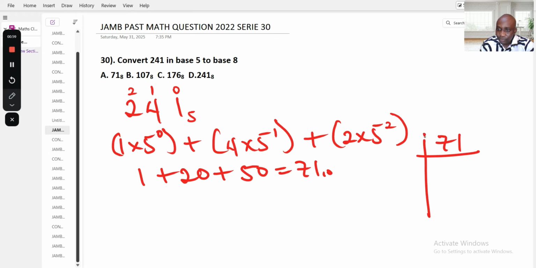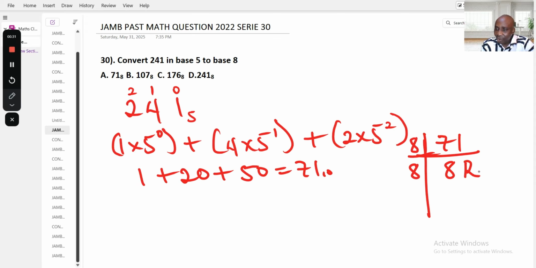71. So we are going to use 8 throughout. How many 8s can we see in 71? That will be 8 times. We are going to see 8 in 71 eight times. Now here, how many 8s can we see is 8, isn't it?